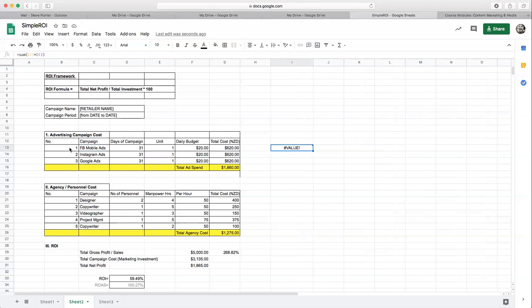C13, let's make that completely different. Let's say equals sum of D13, multiply that by F13, close bracket, press enter. So that's the calculation that I use.